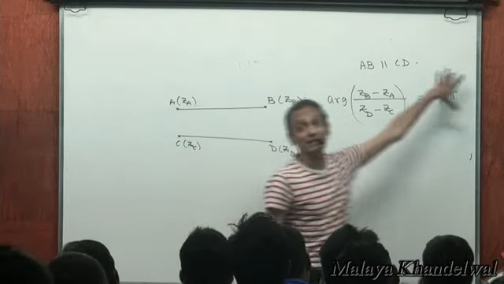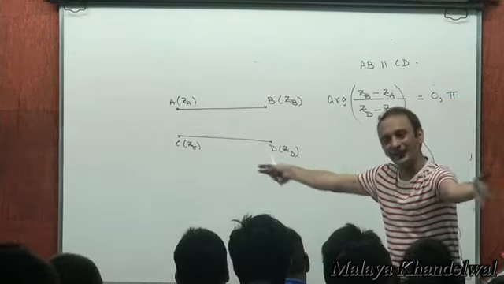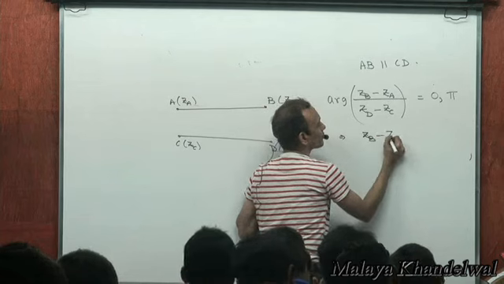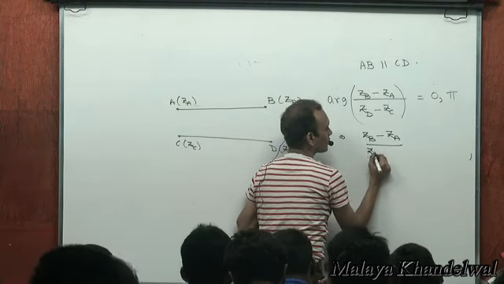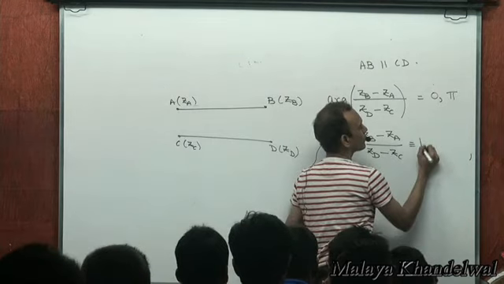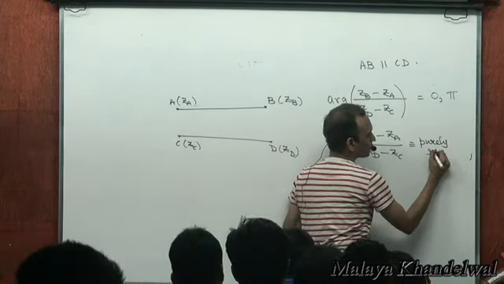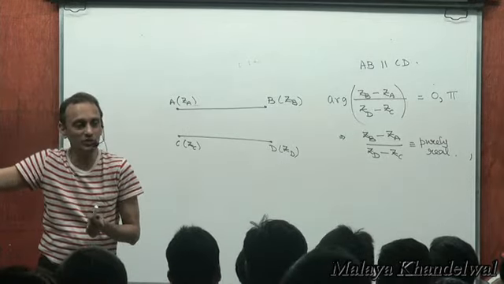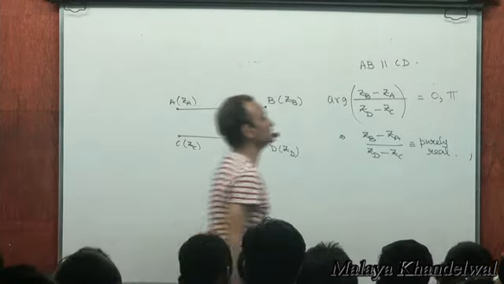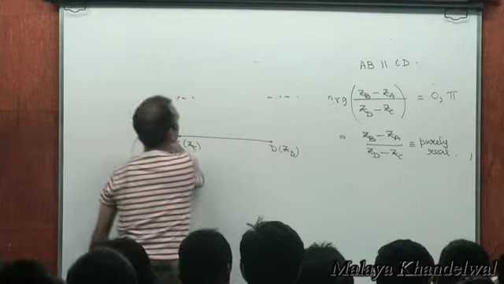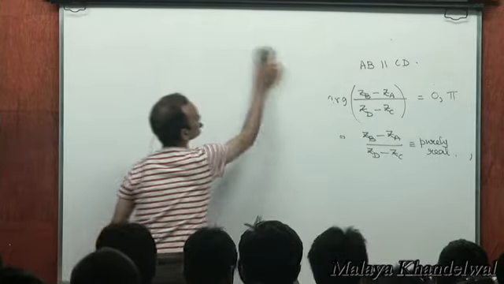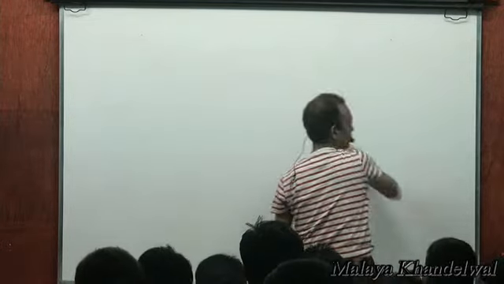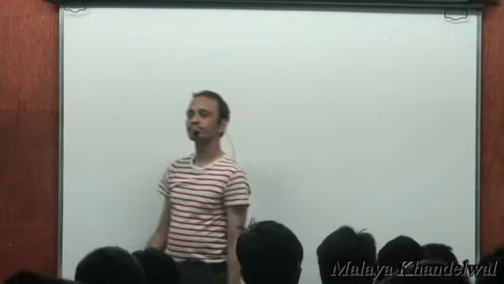And if the argument of a complex number is 0 or pi, it must be purely real. And if it's purely real, this must be equal to its conjugate. Right? So far so good.